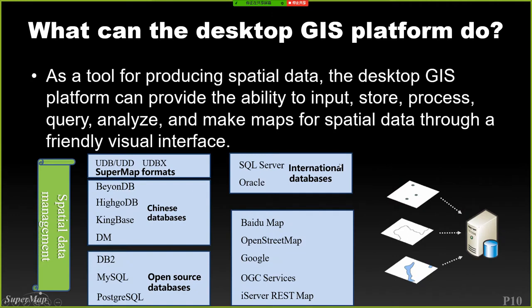Okay, and then spatial data can be stored in iDesktop in different ways, not only in the file formats unique to SuperMap, but also in the international database and web map services such as Google Map, the OGC services, and so on.